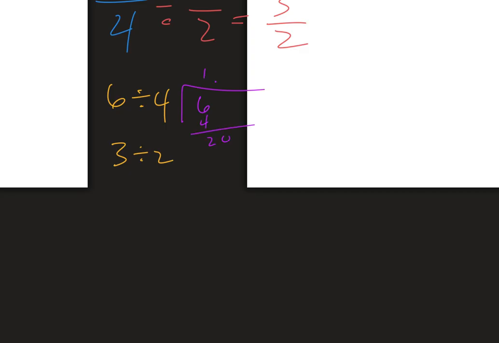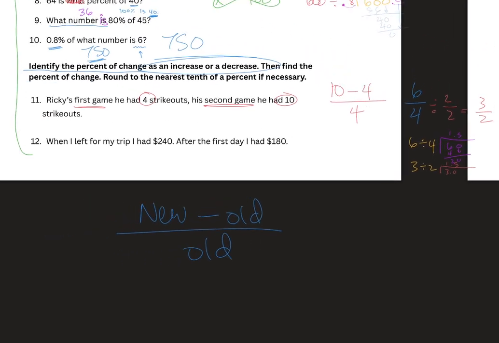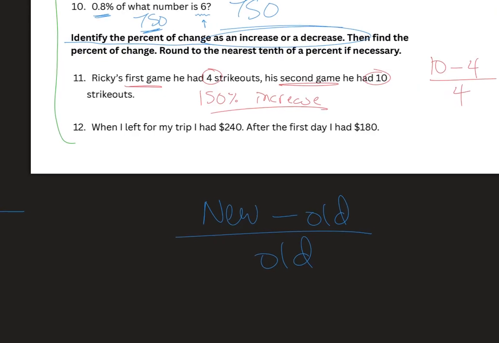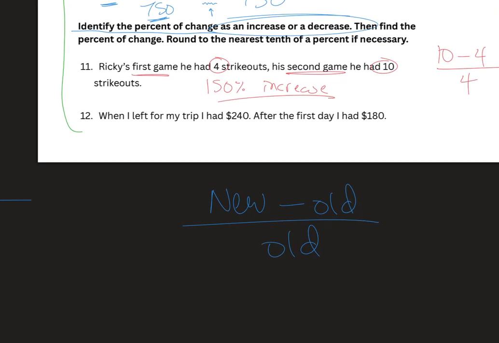And there's going to be a decimal. Bring down a 0. 4 into 20 5 times. So maybe you saw that this was 1.5. Both of them are 1.5. So he had 150% increase in his strikeouts.